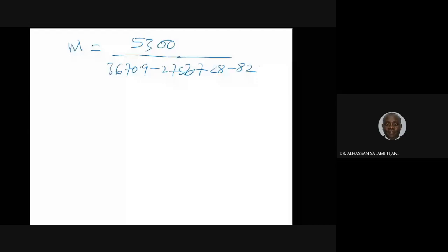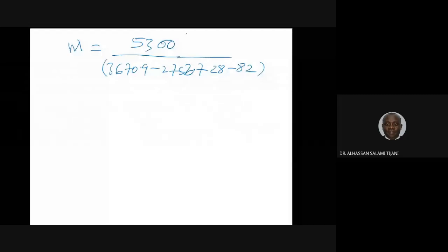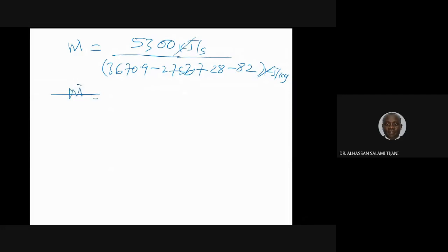This is in kilojoules per second, and this is kilojoules per kilogram, so kilojoules cancel. So M equals 6.369 kilograms per second. That's the mass flow rate of the working fluid.